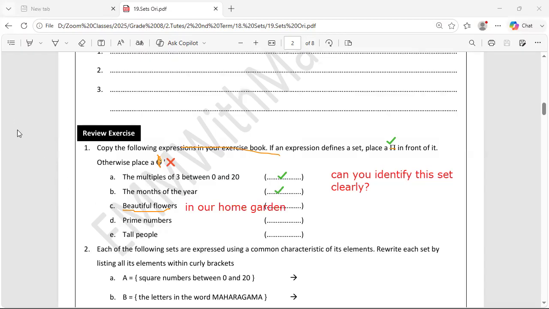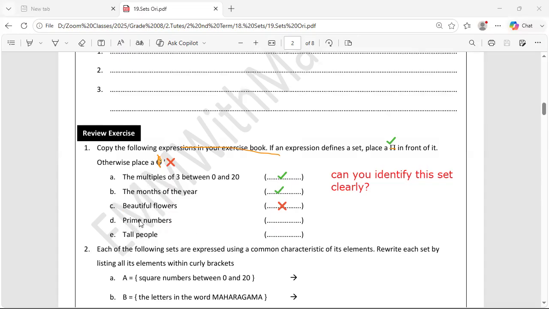But when they are saying beautiful flowers, can you find any boundary or limitation there? No. Sometimes they might refer to the whole world. We cannot identify it clearly. It is not defined. So this is wrong. This is not a set.